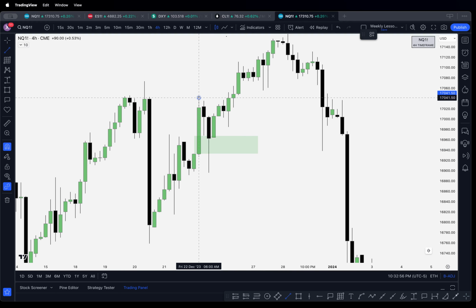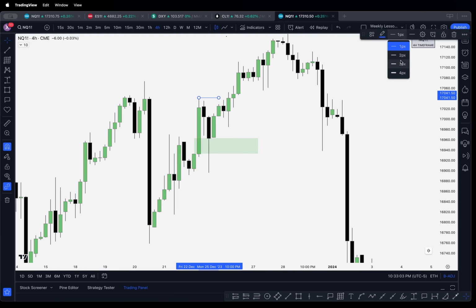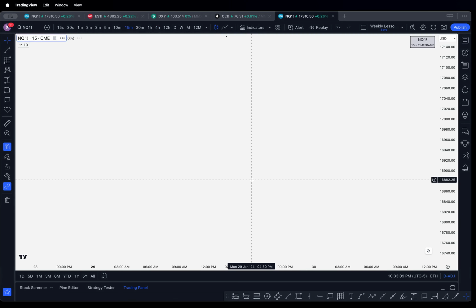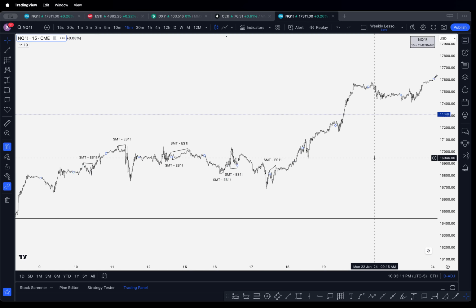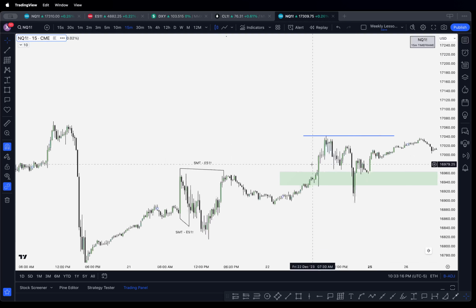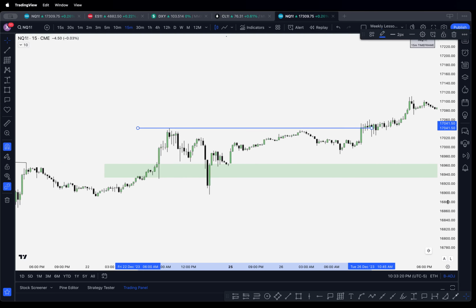This leaves the external range intact, the full external range right there. ERL goes to what? IRL. IRL goes to what? ERL. So what does it look like on the 15? You're going to see a swing market maker buy model. That's the target, that's the draw on liquidity.